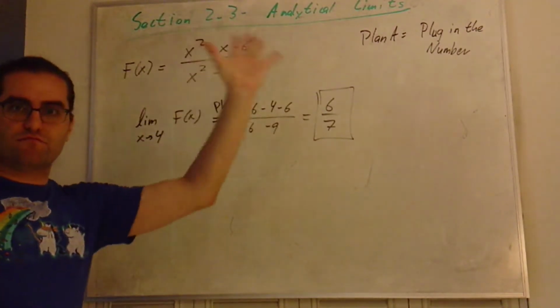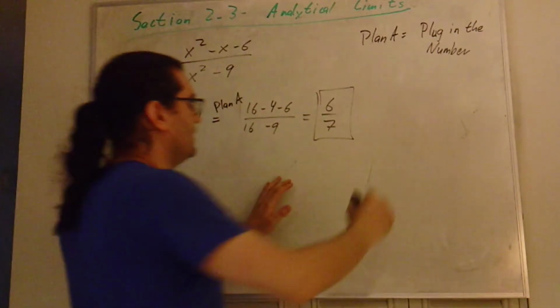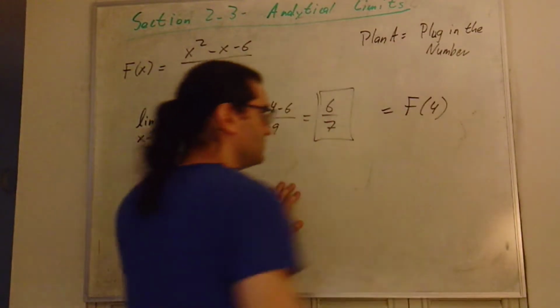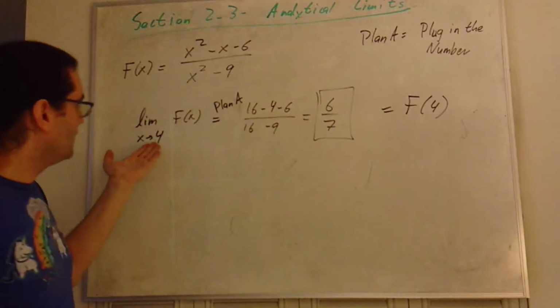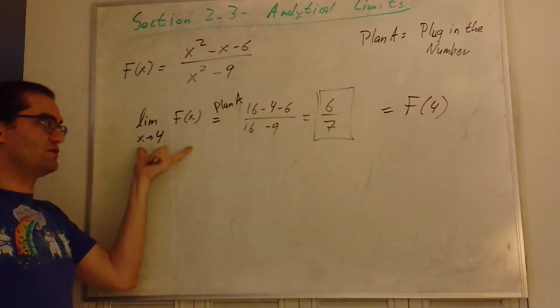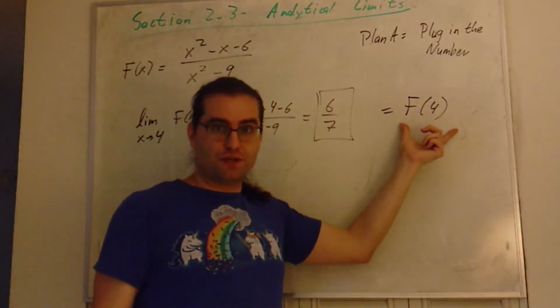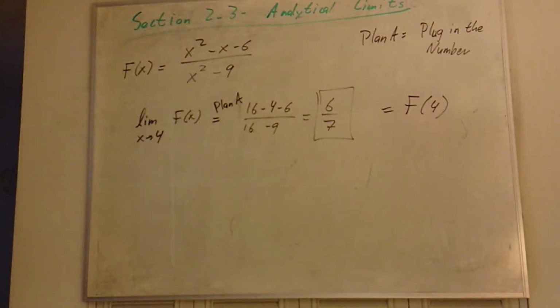We're finished. That's all we need to do. Incidentally, this is also f of 4. That's how we found this. So this is one of those cases where what the function looks like it's doing is what the function is actually doing, and that's going to happen a lot. Be prepared for that. This is the nice case.